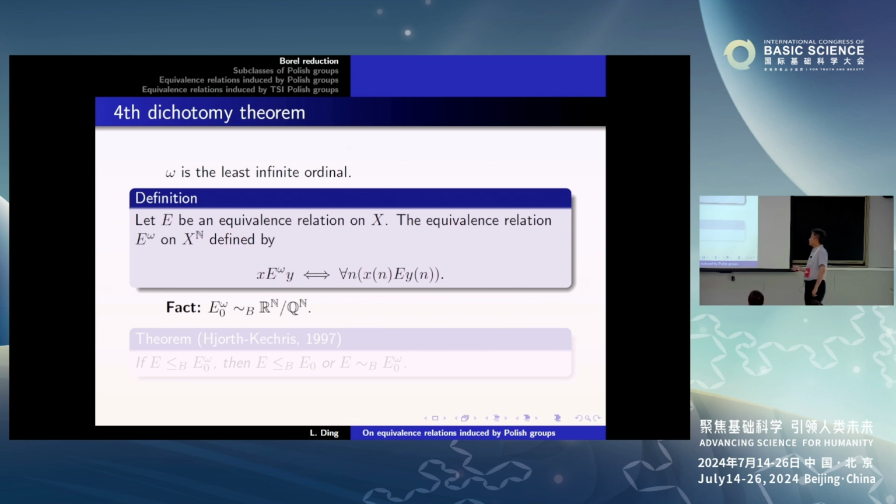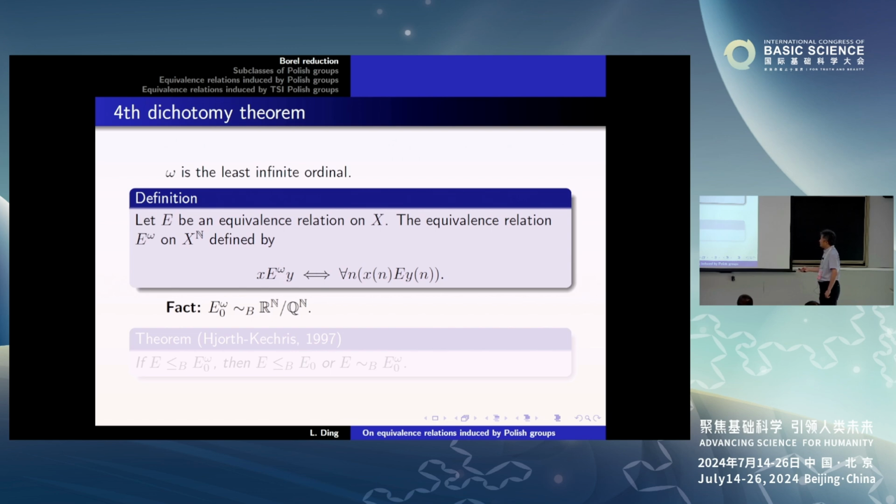The fourth dichotomy will consider the equivalence relation E0 to omega. So we need to define E to omega. Here, E is an equivalence relation on X. Then E to omega is on X to the N, defined this way.